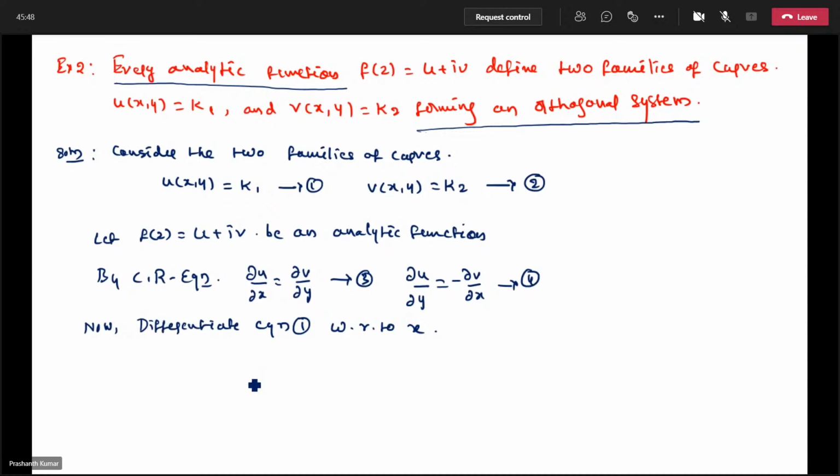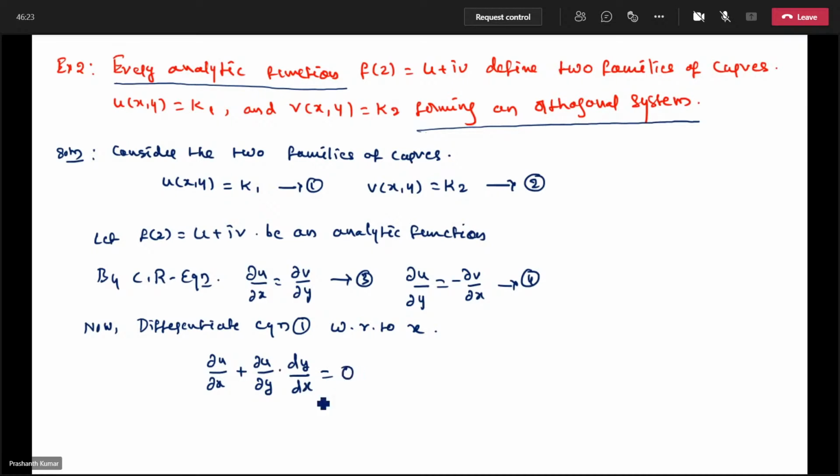For this one, how will we do the differentiation? This is dou u by dou x, with respect to x you are doing this function, into dx by dx, which is not necessary, plus with respect to y, dou u by dou y into dy by dx.